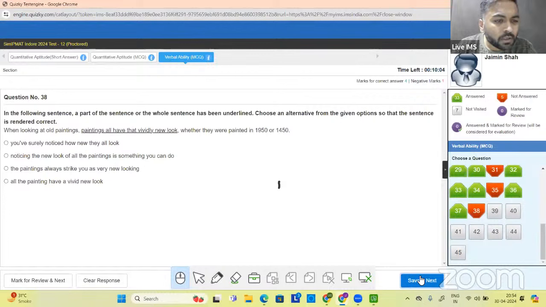Noticing the new look of all the paintings. The paintings always strike you. Surely noticed should be noticing, right? When looking at old paintings, noticing the new look of all paintings is something you can do.